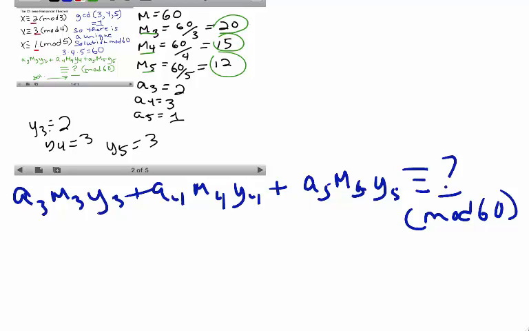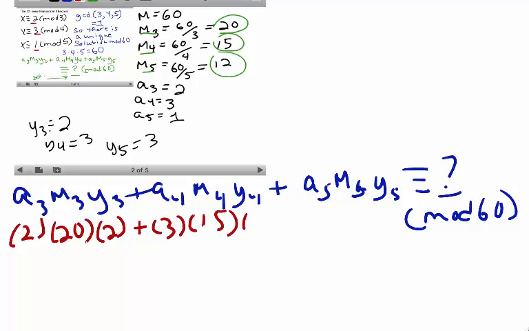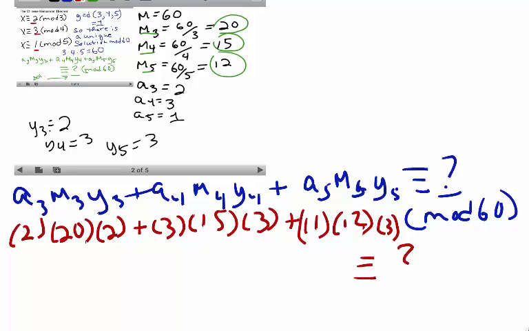Substituting all of our known values for a, m, and y, we have 2 times 20 times 2 plus 3 times 15 times 3 plus 1 times 12 times 3, all congruent to some number mod 60.